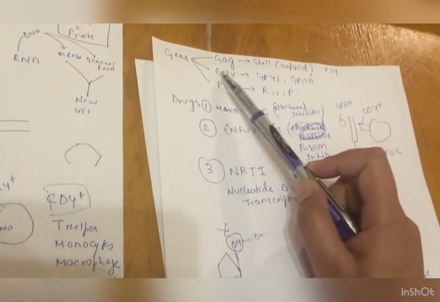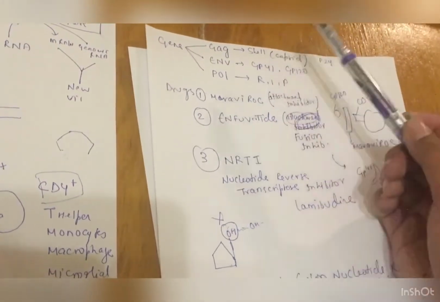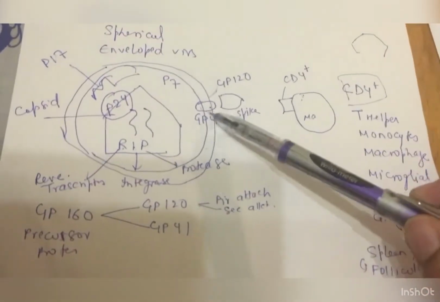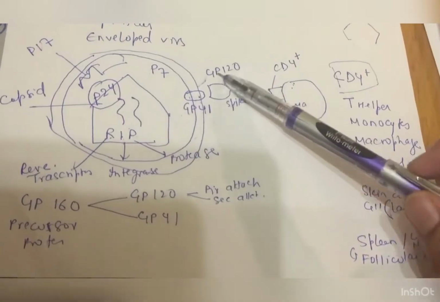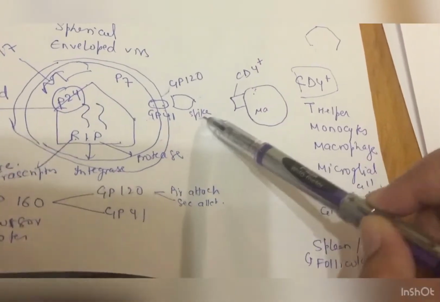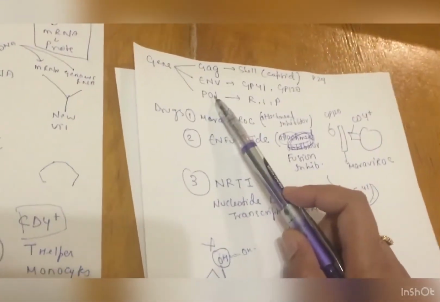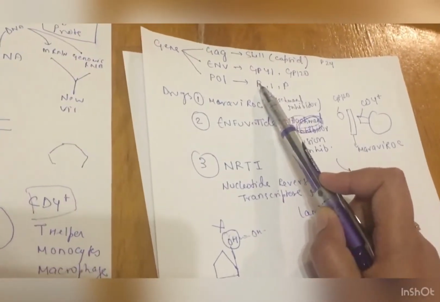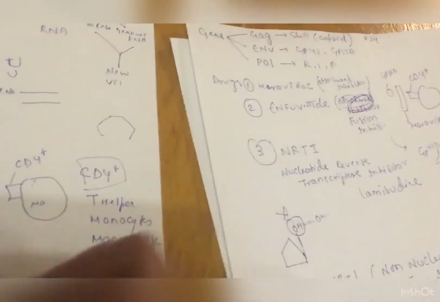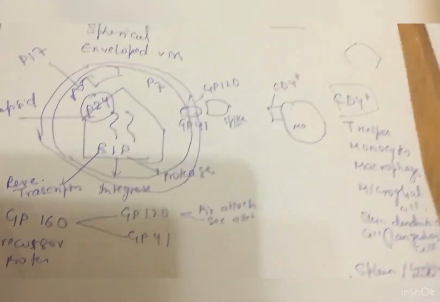The function of the ENV gene is to help in formation of the transmembrane proteins GP41 and GP120. GP120 is also called the spike, and GP41 is the transmembrane protein. The function of the Pol gene is to help in formation of RIP, meaning the enzymes reverse transcriptase, integrase and protease.